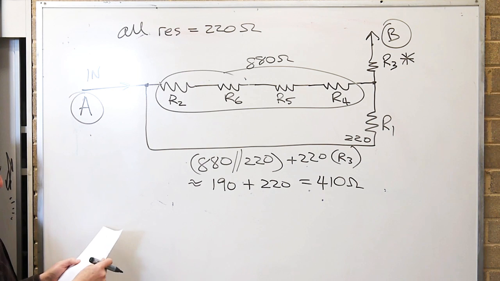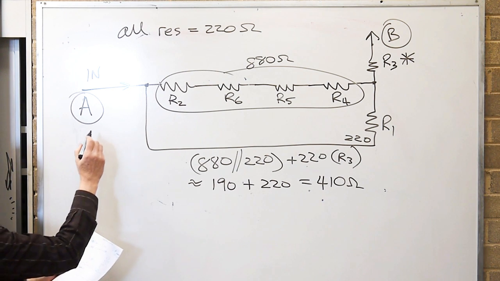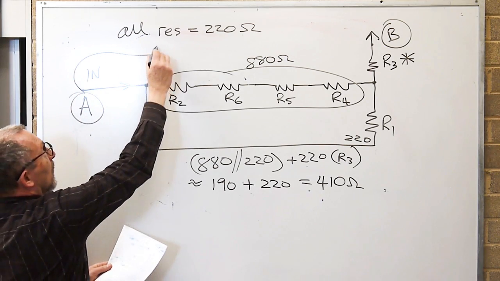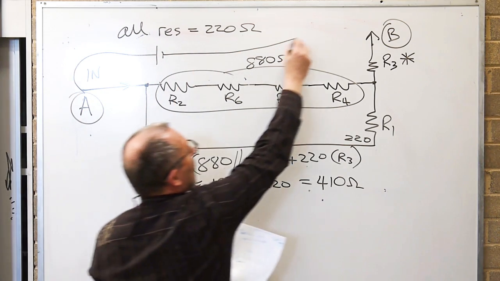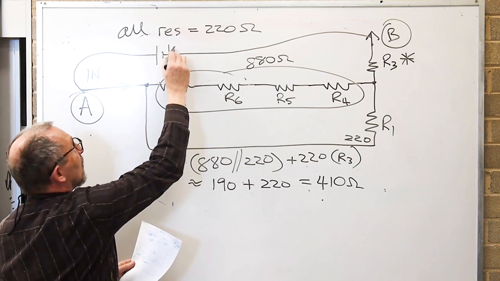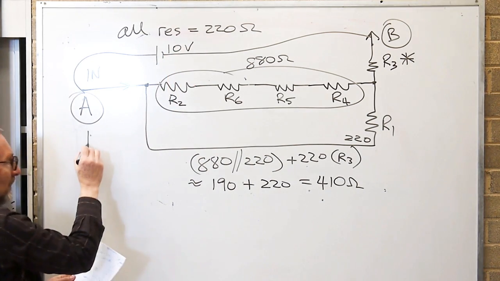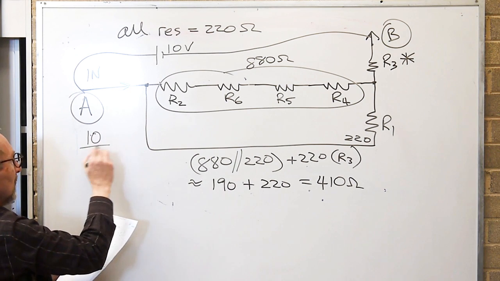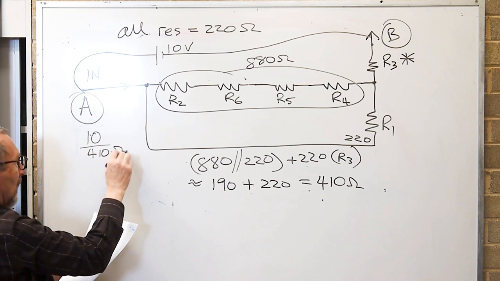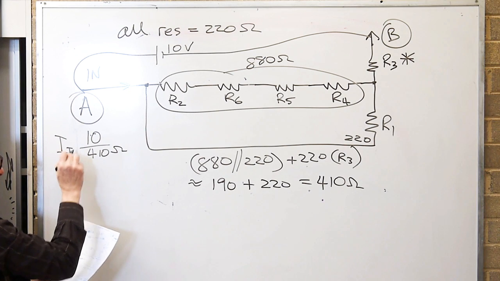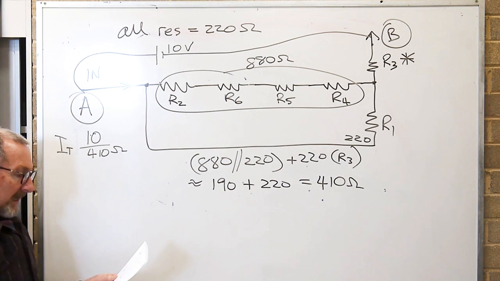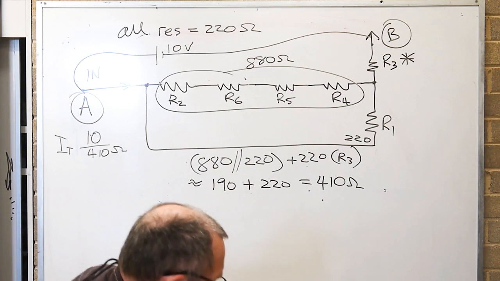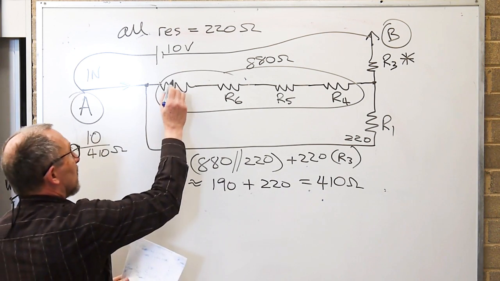and then the next part of the question said that I had 10 volts between A and B. So 10 volts, 10 divided by 410 ohms to give me IT. And then I think we had to work out the current in R2.